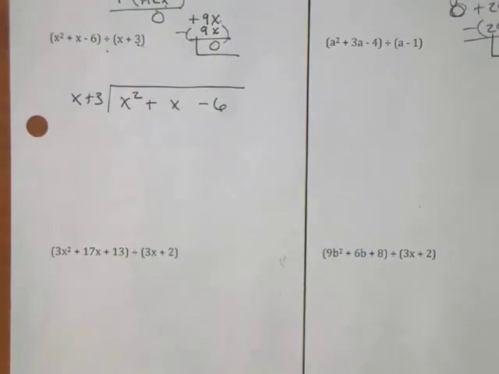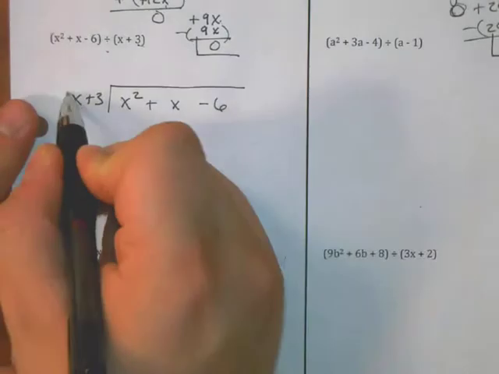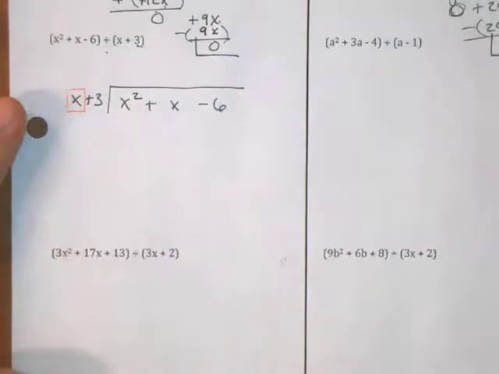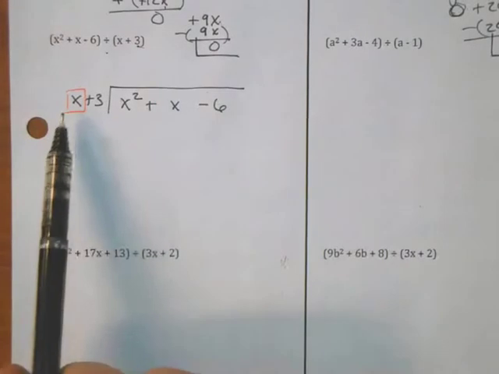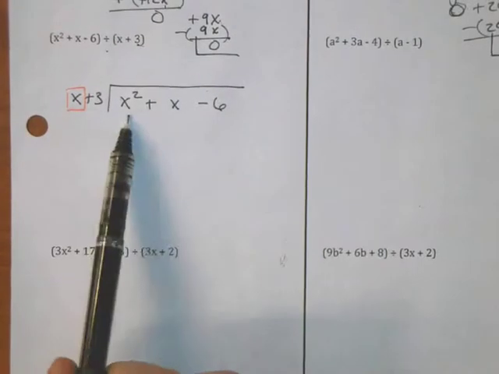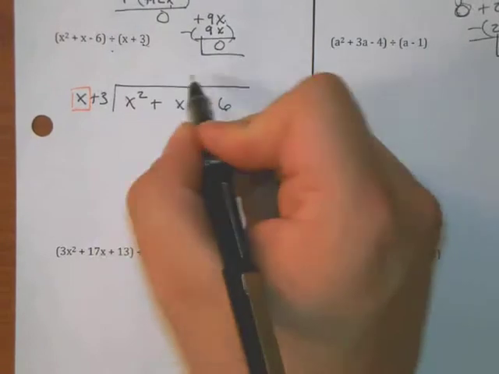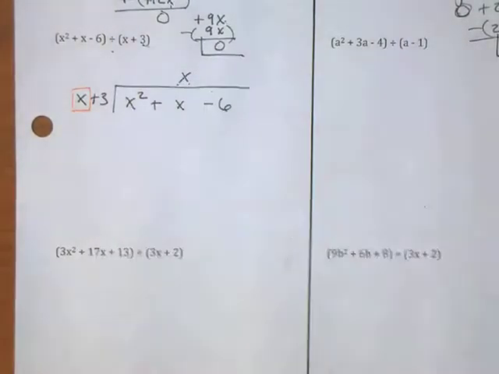The setup is still the same. The questions you ask yourself are also still the same, only we're going to focus our effort on the first term. So what times x gives x squared? x.